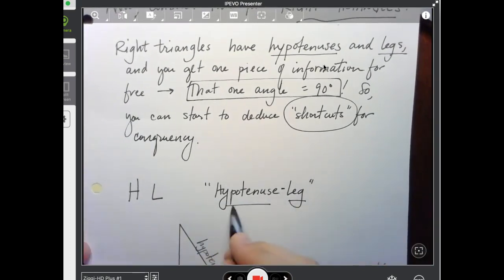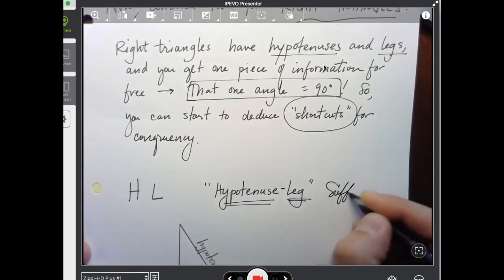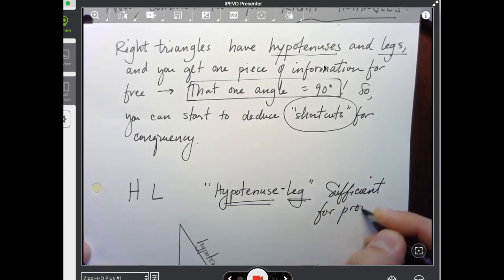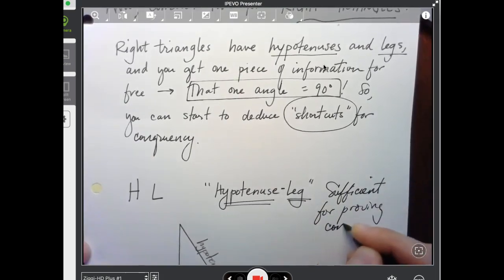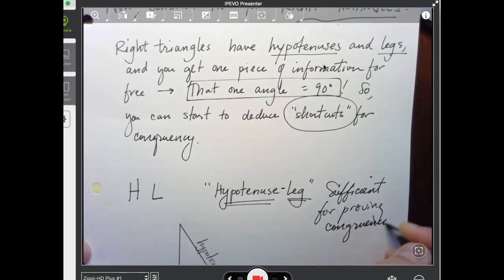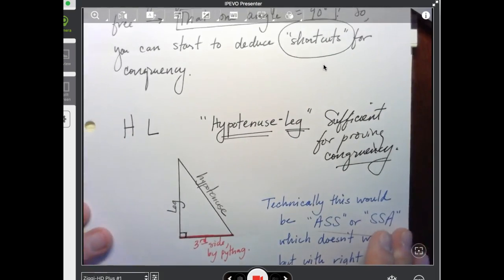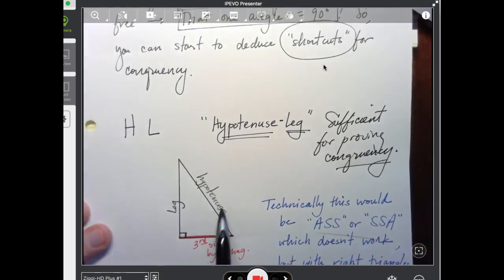So if you know the hypotenuse and the leg, that is sufficient for proving congruency with right triangles.